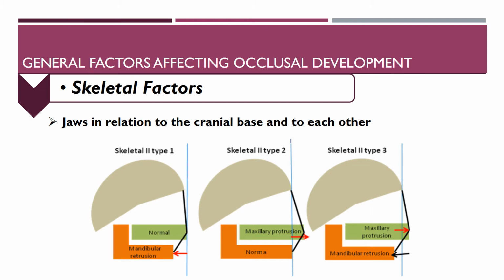While in skeletal class 2 pattern type 3 there is an abnormal relationship of each jaw to each other and to the cranial base.